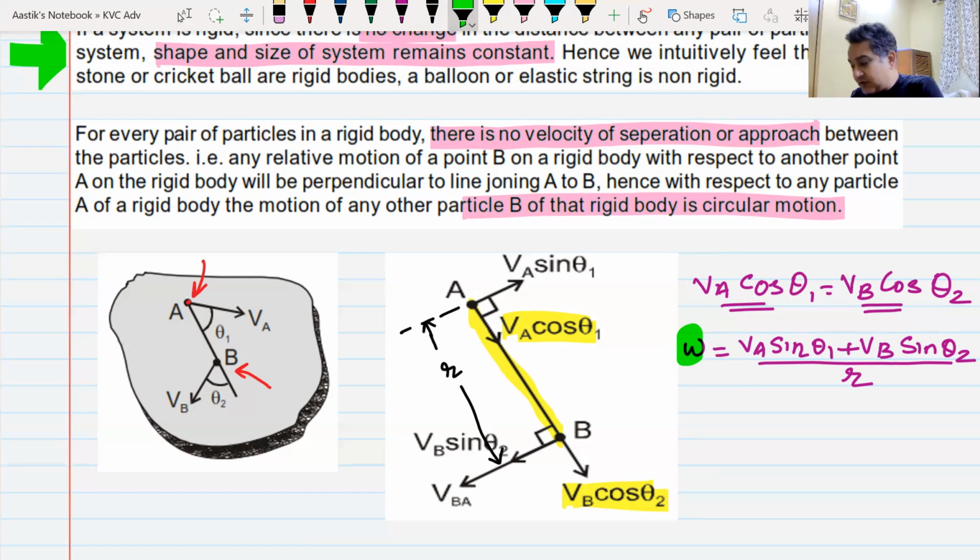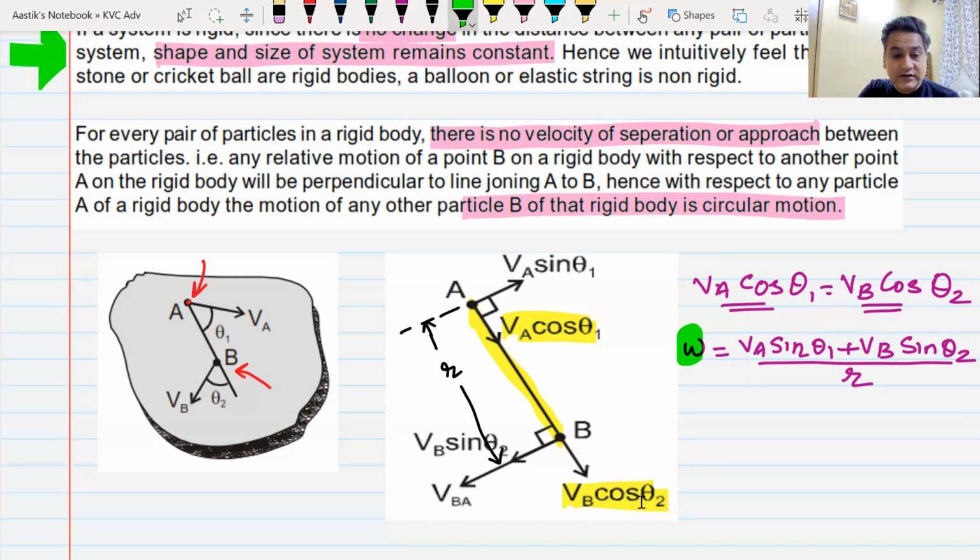A will also see B moving around it in a circular path with the same angular velocity. With respect to any point on the rigid body, any other point will be moving with the same angular velocity.